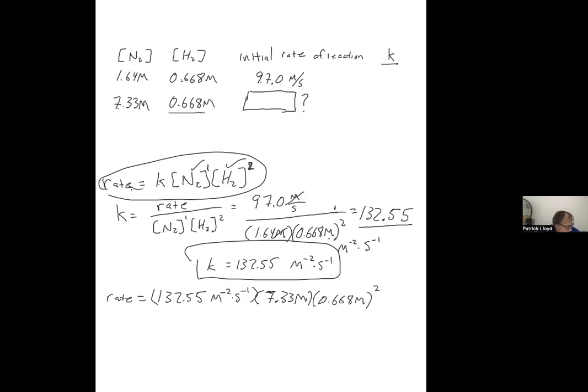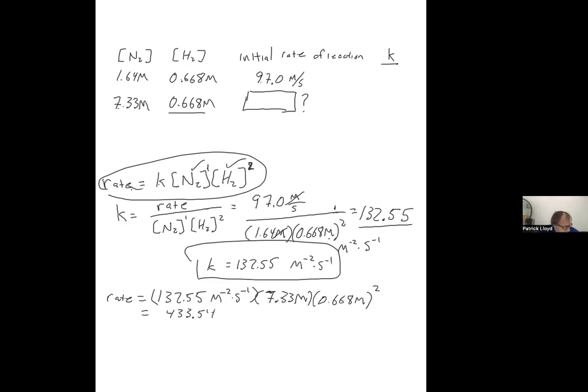So that would be the rate constant times 7.33 times 0.668, and I'm going to square that. It comes out to 433.54. But we don't want that many significant figures.